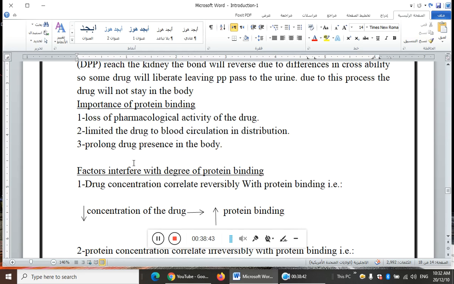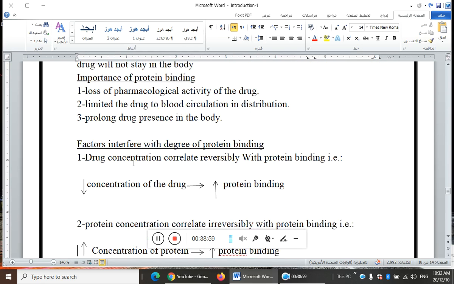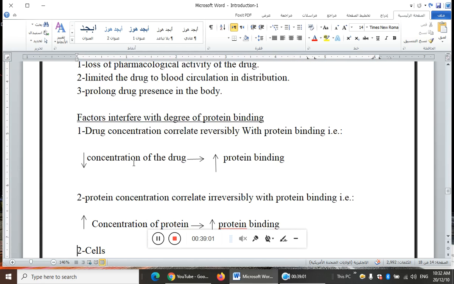Third, prolonged drug presence in the body, and this is important from the other side. If we want the drug to stay for a long time in the body, it must have high protein binding affinity. What are the factors that interfere with the degree of protein binding?